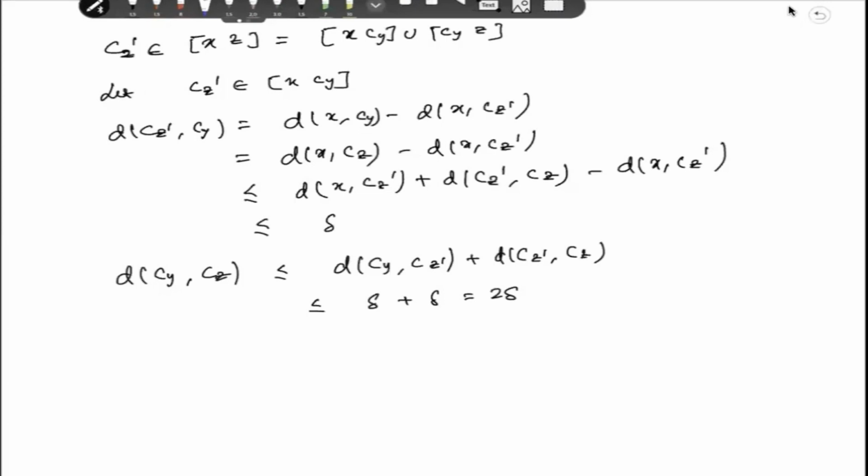Similarly, if I get this CZ prime on this other geodesic, then also you can prove that the distance between CY and CZ will be less than or equal to twice delta. So this I will leave as an exercise.